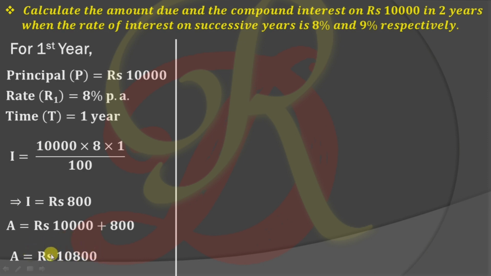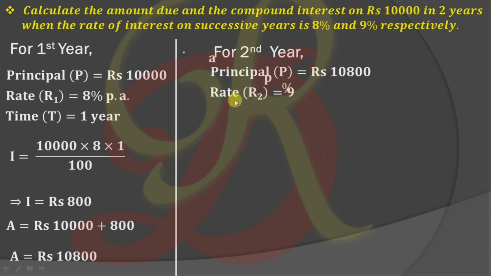Now this amount at the end of first year becomes the principal for the second year. So principal for second year is 10,800, rate R2 is equals to 9%. Now here don't write 8% again because the rate for the second year is 9%. So R2 is equals to 9%, time is 1 year.